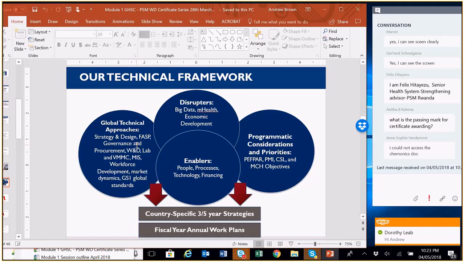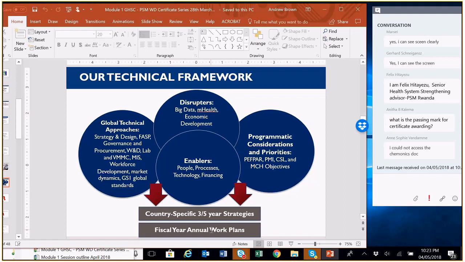Other things when you're in a particular country that you might be working with will be big health initiatives, thinking about the economic development of your environment. You also may have programmatic considerations and priorities. For example, PEPFAR, PMI, CSL, these are particular programs that USAID runs, and they have particular priorities. Now, all these things come together in order to give your country a work plan.